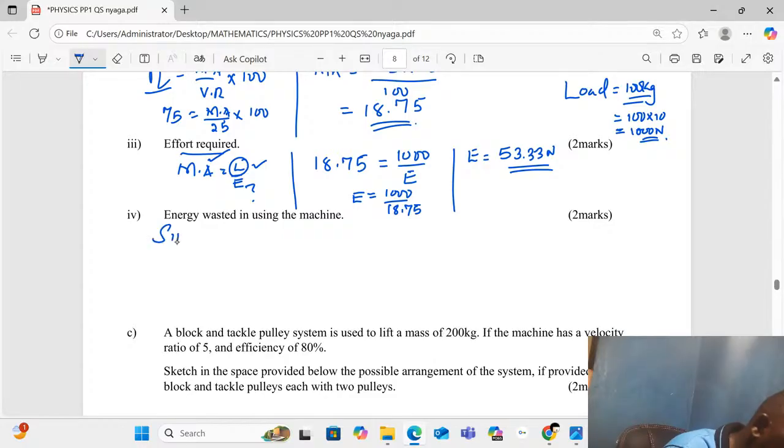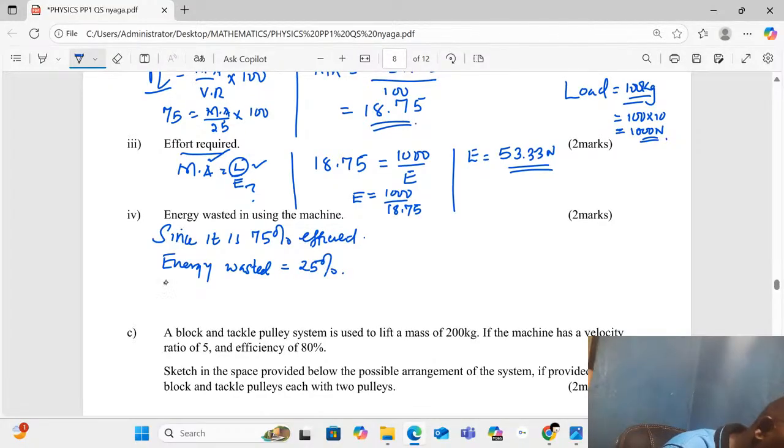So since it is 75% efficient, we can say that energy wasted is 25%.